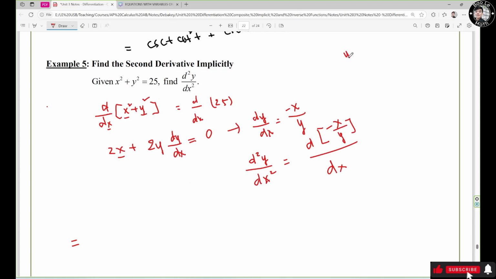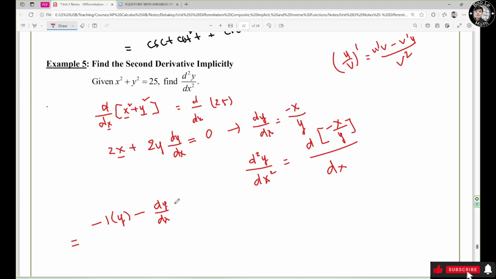So remember u over v is going to be u prime v minus v prime u over v squared, right? So u in this situation is negative s, right? So it's going to be negative 1 times y minus v prime, which means dy over ds, right?